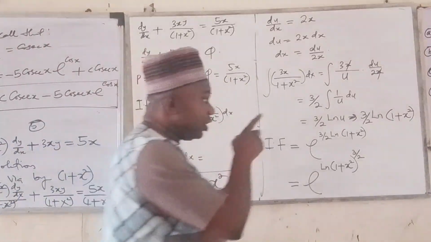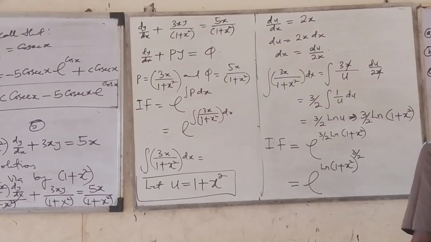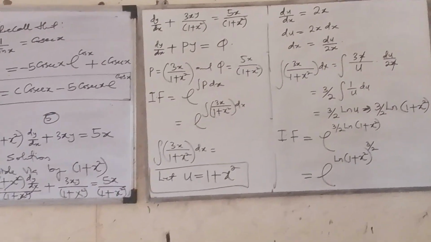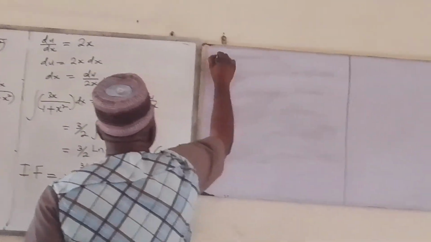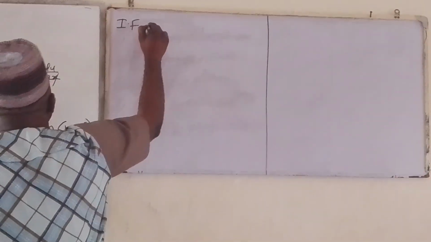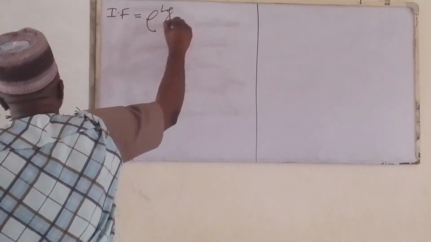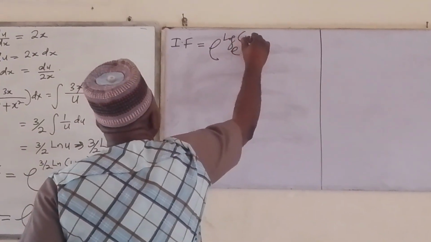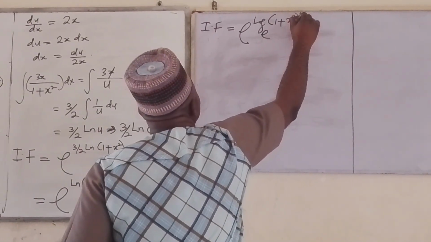So the integrating factor, IF, will be equal to e raised to the power of log to base e of 1 plus x squared, all raised to the power of 3 all over 2.